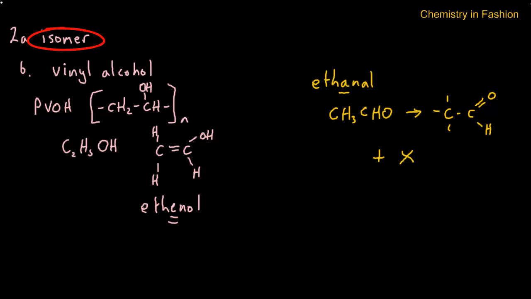Question 2C asks why PVOH can't be made from vinyl alcohol, and the problem with vinyl alcohol is that it's unstable, and it changes very quickly from the vinyl alcohol to the ethanol.